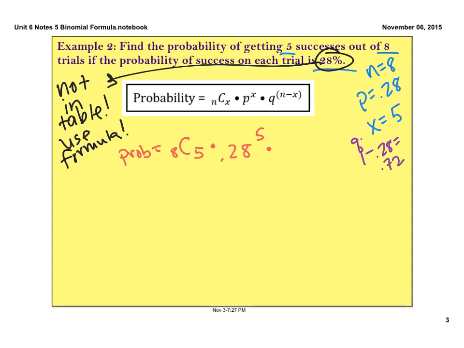That's my q value. So times the probability of one failure raised to the number of failures, 8 minus 5. Okay, so one more time, let's just reiterate those pieces.